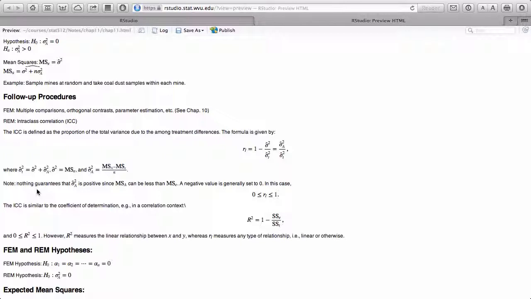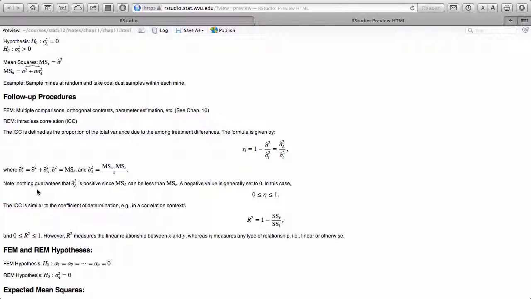If you're looking at variance components, what you want to do is estimate the variance components as well as what we call the intraclass correlation coefficient, or the ICC. It's sort of like an r squared, or more like an r squared.